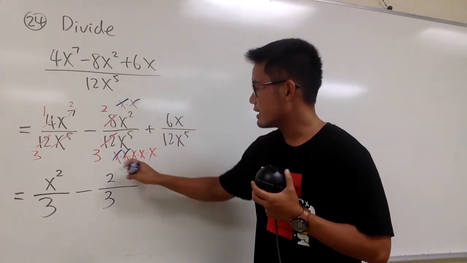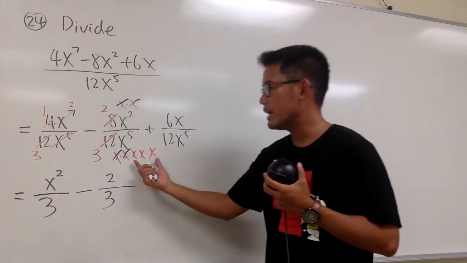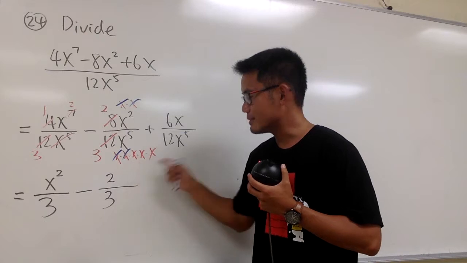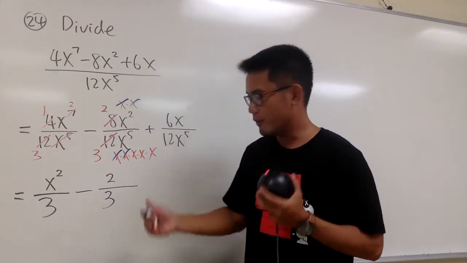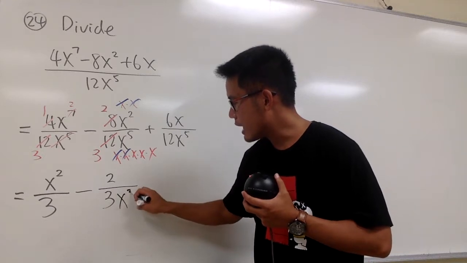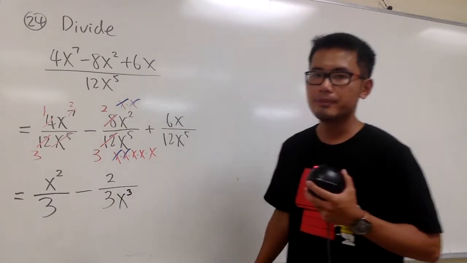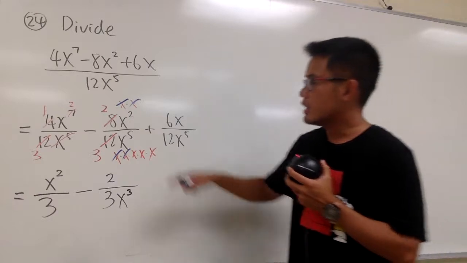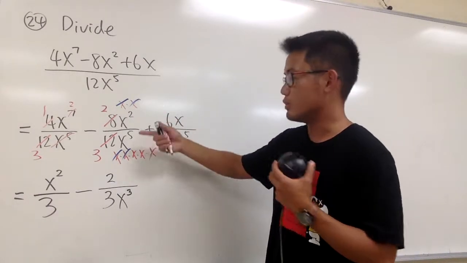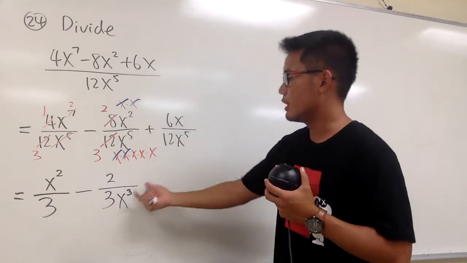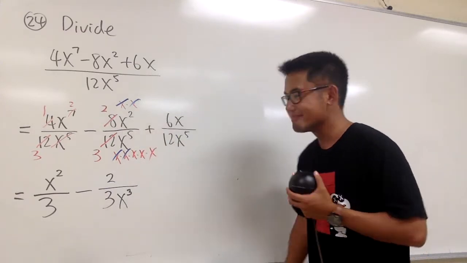This x and that x can be cancelled. And we have this times this altogether left on the denominator, 3 of them. Therefore, we have x to the 3rd power on the denominator. Once again, the quick way is you see which one has more exponent, the bottom, and you can just do 5 minus 2, and you have the x to the 3rd power on the bottom.